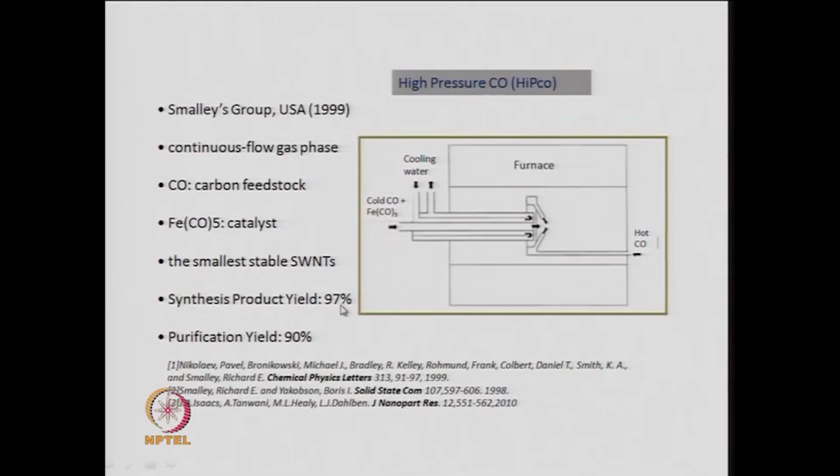You get 97% yield, and the purification yield is of course again 90%. That means, from whatever material you make, only 90% pure single walled carbon nanotubes you can obtain by this high pressure carbon monoxide route, or the HIPCO route.